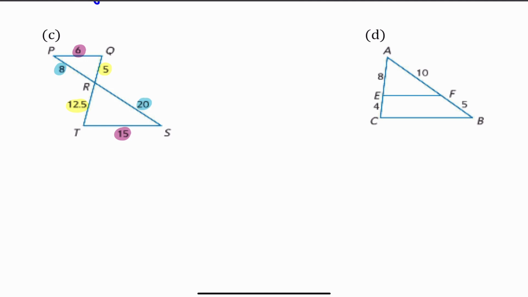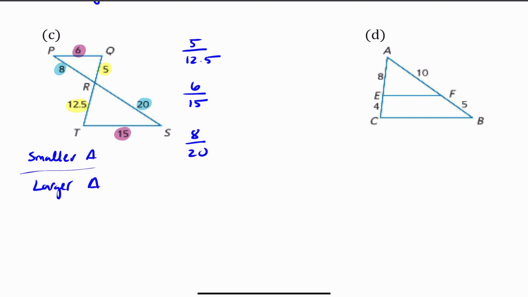So then let me go ahead and create my ratios. So I have 5 to 12.5, and then I have 6 to 15, and then 8 to 20. So I'm comparing from the smaller triangle to the larger triangle.